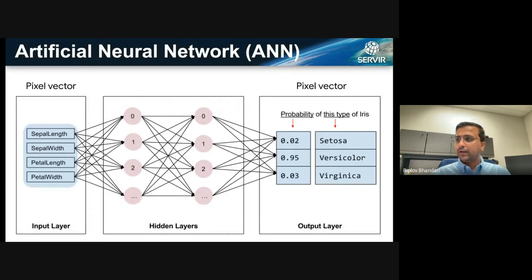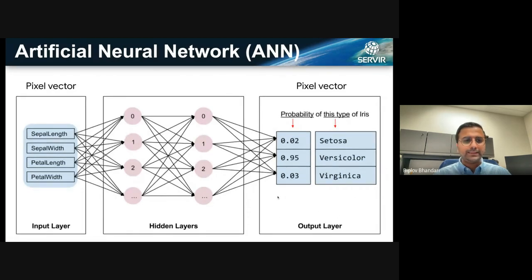Now in this one we'll just focus on one particular type, the deep neural net, often called the artificial neural net. In any kind of deep neural net, you'll see there are three major layers. You have an input layer, you have hidden layers in between your input layer and your output layer, and then based on the learnings in these hidden layers, you'll get an output layer.